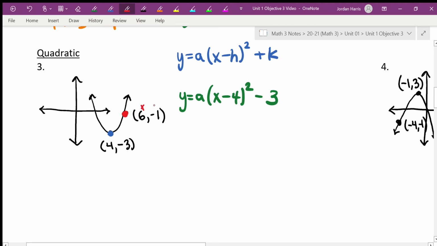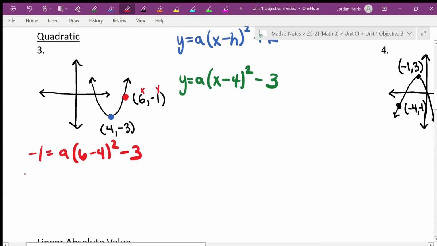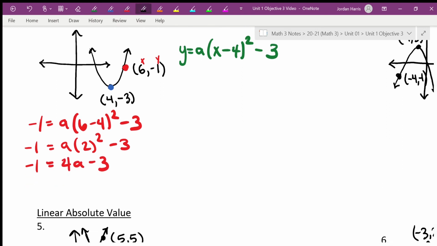So x is 6, y is negative 1. So negative 1 equals a(6 minus 4) squared minus 3. There's no shortcut, you just have to do this. Okay, so start simplifying. 6 minus 4 is 2. 2 squared is 4, so I get 4a minus 3. I need to solve for a, so I'm going to add 3 to both sides.